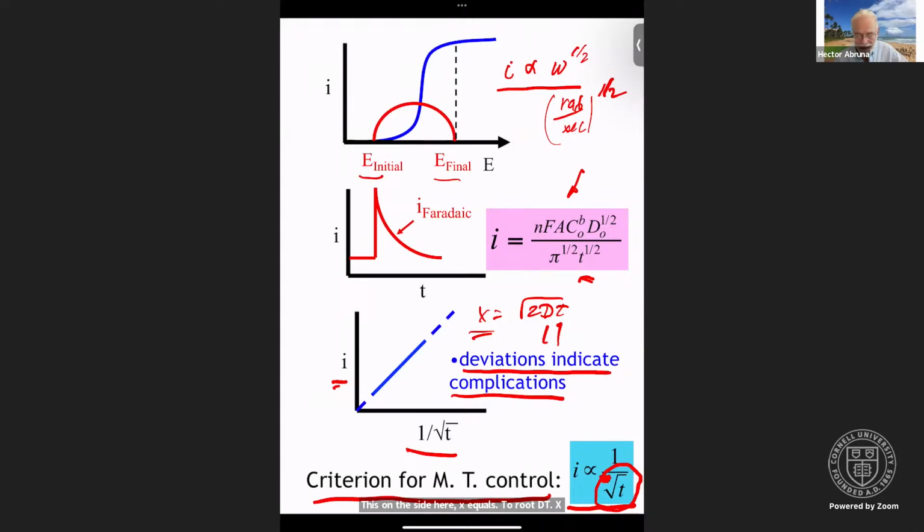Because in diffusional mass transport, things are diffusing in or away from the electrode surface, distance, which is that displacement, is proportional to the square root of time. And that dependency will be reflected in any and every electrochemical technique that you can imagine.